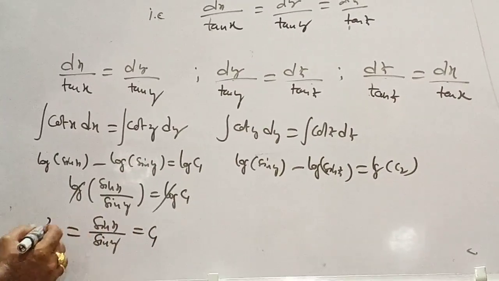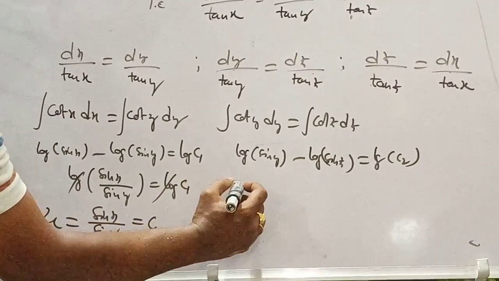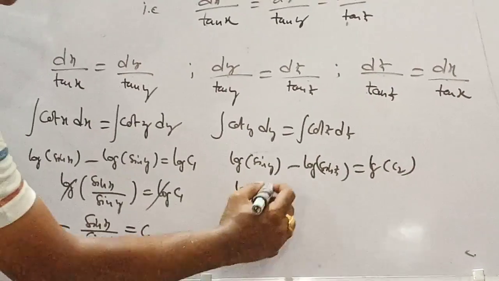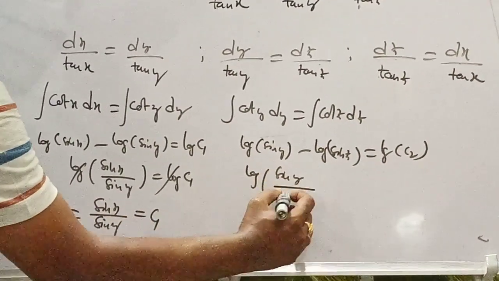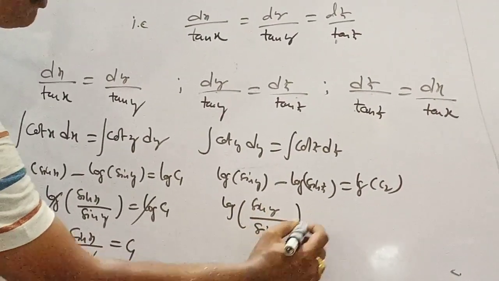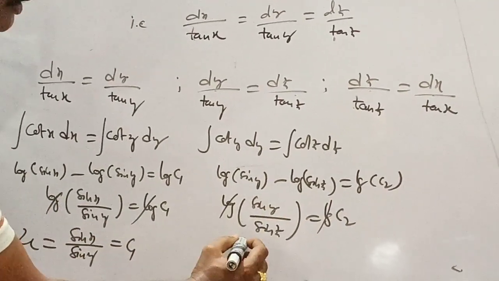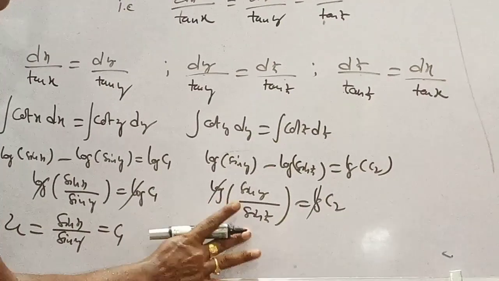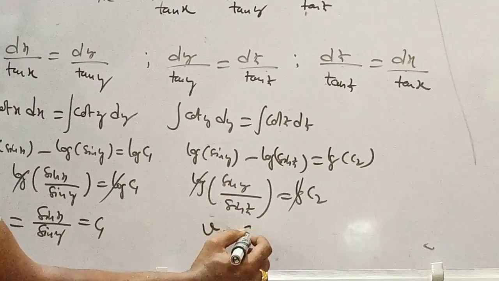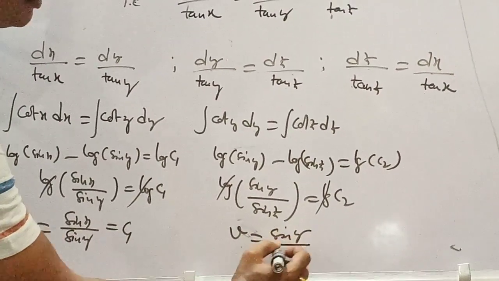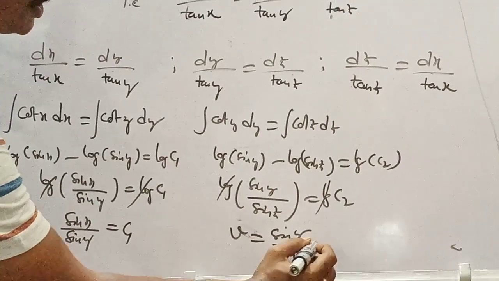Say this is u. And here, log sin y by sin z equal to log c2. Log gets cancelled, so v equal to sin y by sin z equal to c2.